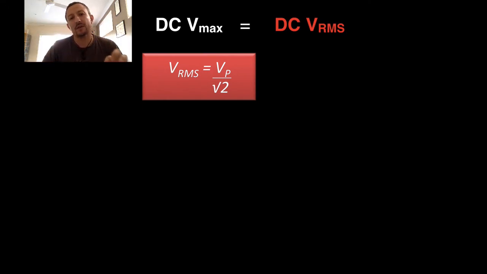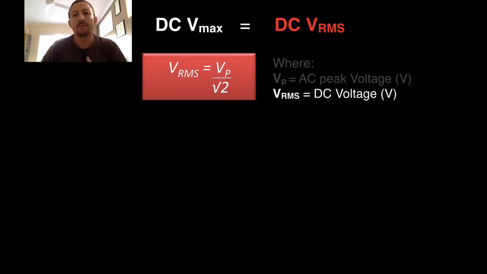So we use VRMS equals VP over root 2, where VP is the peak voltage generated by the AC current, VRMS is the DC voltage, which is being produced by that peak voltage from AC, and root 2 is just a constant.